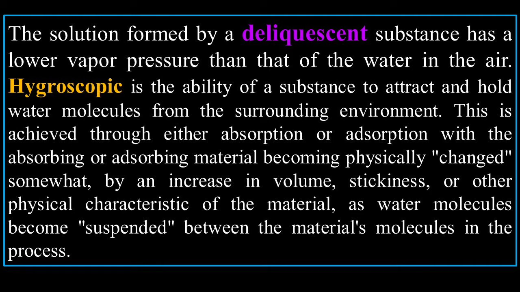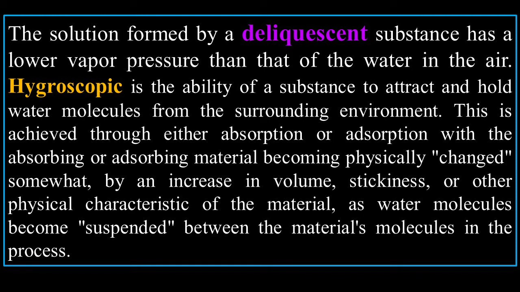Adsorption is the adhesion of atoms, ions, or molecules from a gas, liquid, or dissolved solid to a surface. This process creates a film of the adsorbate on the surface of the adsorbent.